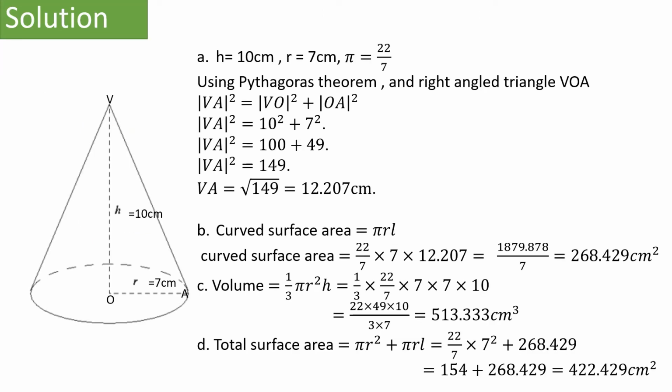So by the question, we have our height, which is 10 centimeters, our radius is 7 centimeters, pi has been given as 22/7. So to find the slant height, we use Pythagoras theorem. We state that hypotenuse square is equal to opposite square plus adjacent square.